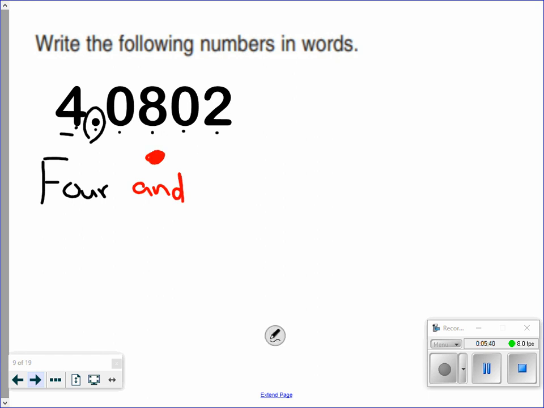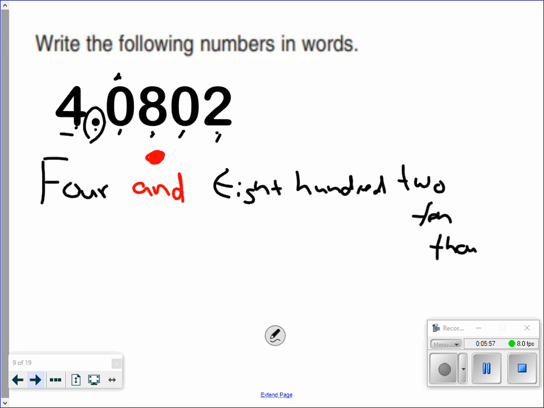Remember, we don't do anything with this 0, but we have to keep that one in mind. 802 tenths, hundredths, thousandths, 10 thousandths. That was a fun one.